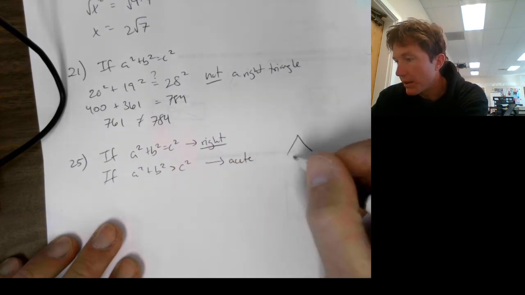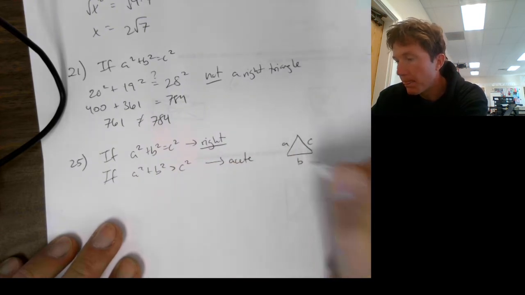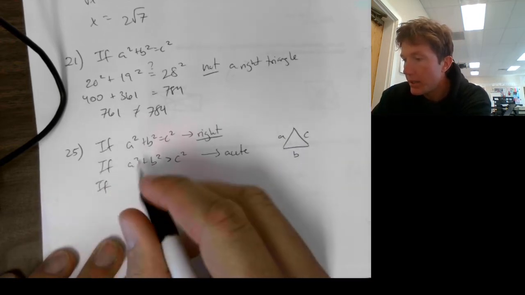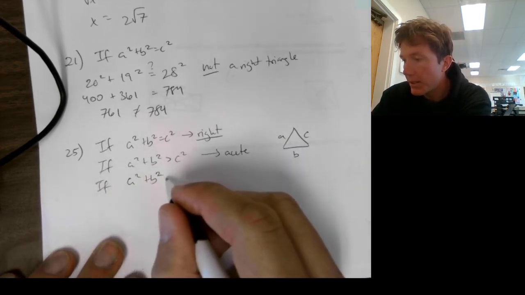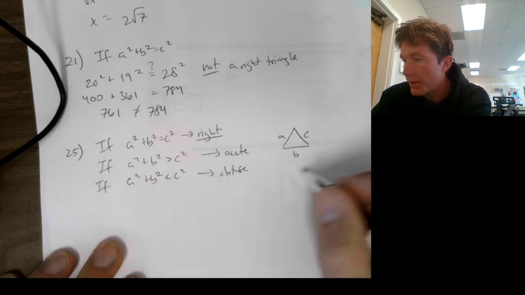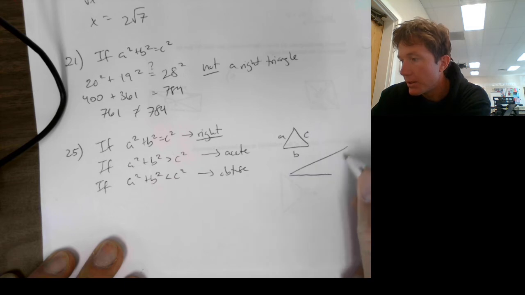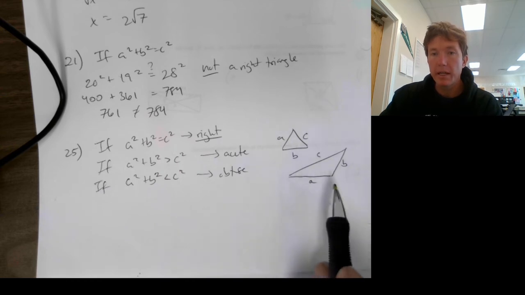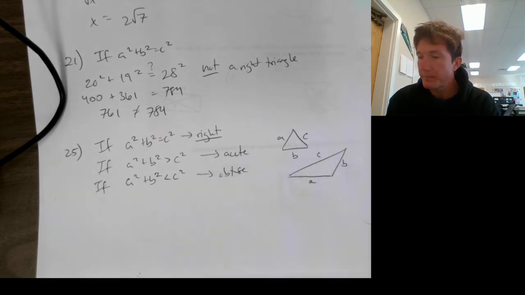So it looks something like this. These are our sides, a, b, and c. And then the last case, if a squared plus b squared is less than c squared, then it's obtuse. This is the case where c is very large. This is an obtuse triangle, meaning that it's got an angle greater than 90 degrees.